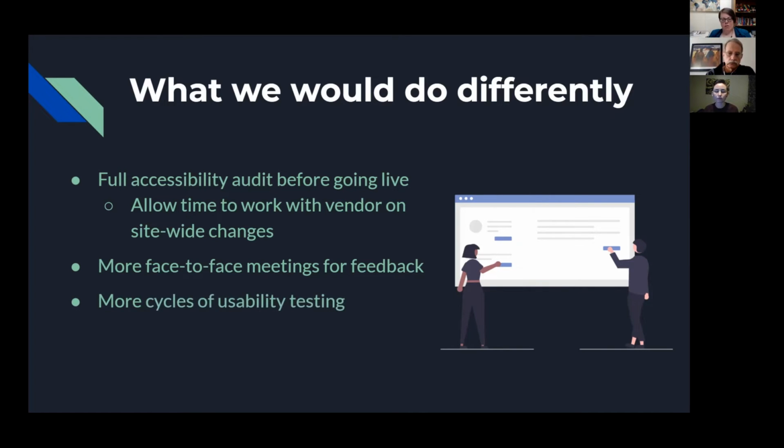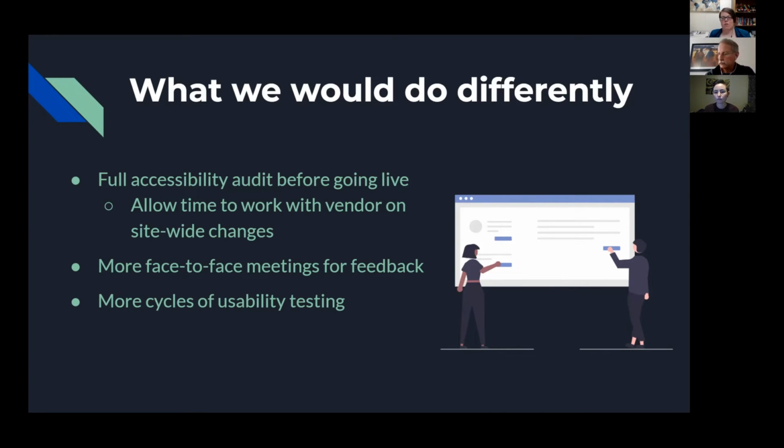And then I would also just say, we did have multiple cycles of usability testing, but I would have liked to have seen us do more. Toward the end of our project, we really had this deadline, like we wanted to get this done by the OLA membership meeting, and we really condensed a lot of our usability testing down to a few months.